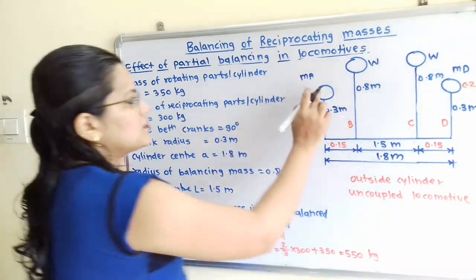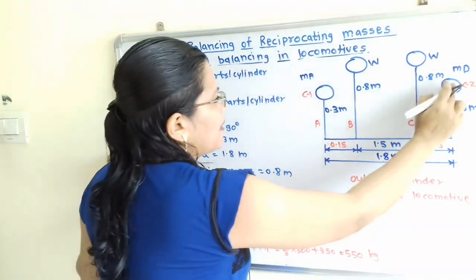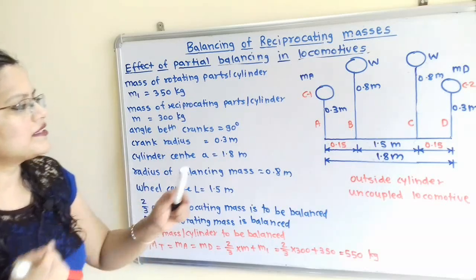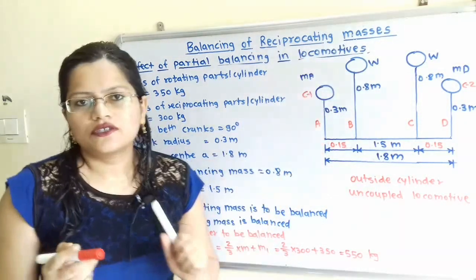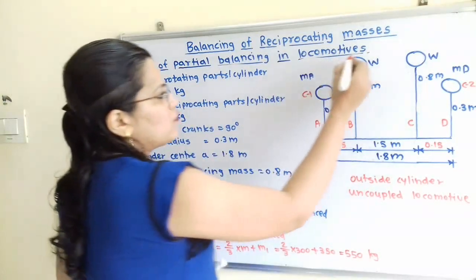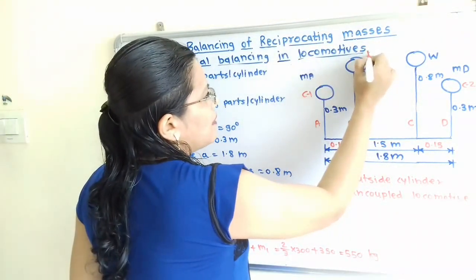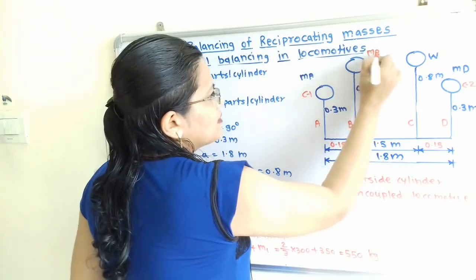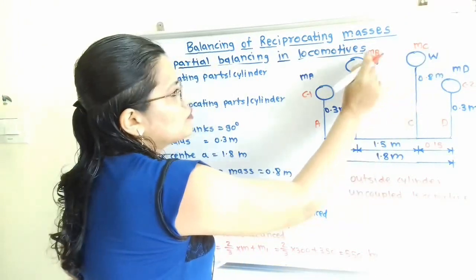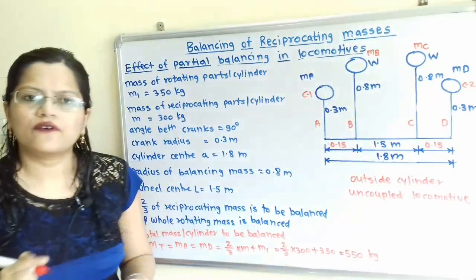So this mass is known, that is 550 kilogram and 550 kilogram. Now what is the balancing mass at these wheels? So that is unknown and not mentioned in the question. So we have to find out this balancing mass at wheel B, that is MB, and balancing mass at wheel C, that is MC. So these two terms we have to find out.